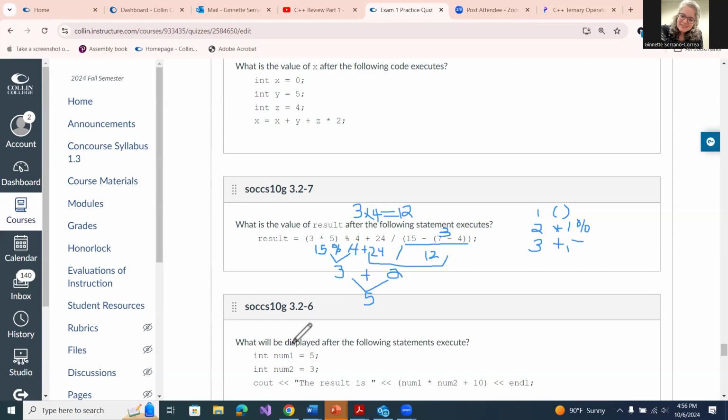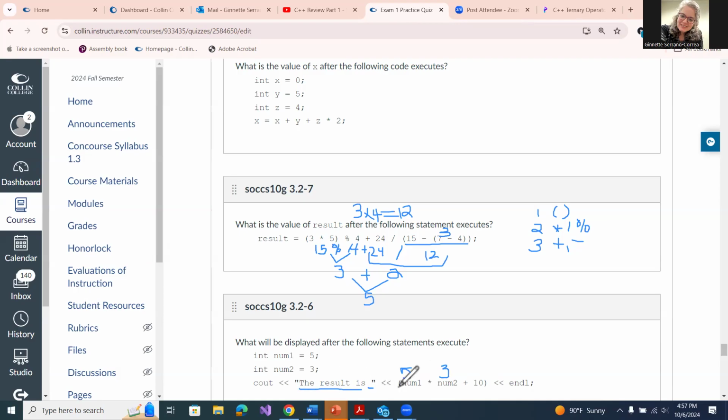Next question. What will be displayed after the following statements execute? Num1 is 5, num2 is 3. So again, we're just looking at order of operations. Also, we have a cout statement. So it's going to say "the result is", there's going to be a space. 5 times 3 is 15 plus 10 is 25.